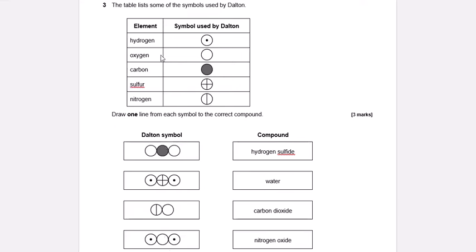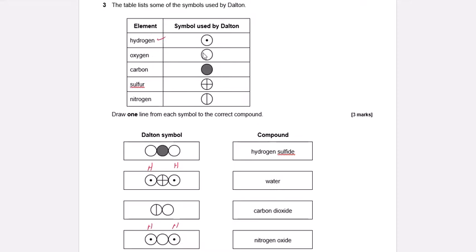So let's start off. Okay, so the first one here, hydrogen, circle with a dot. Let's go through. Okay, so that's hydrogen there. Okay, so that's H, that's H. Let's see, there's another one. There's H, there's H. Right, okay, so we've done hydrogen.